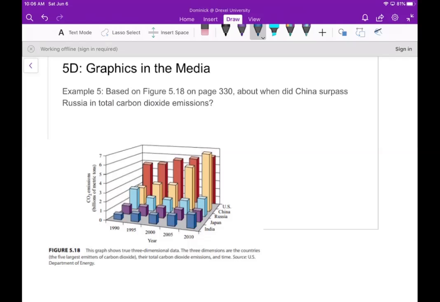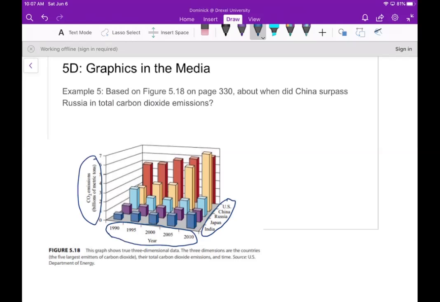So now you can see that we have multiple data sets being shown here, right? So we have countries on this axis, we have the years on this axis, and then we have the CO2 emissions on this axis. And we're specifically looking for, well, when did China surpass Russia in total carbon dioxide emissions?